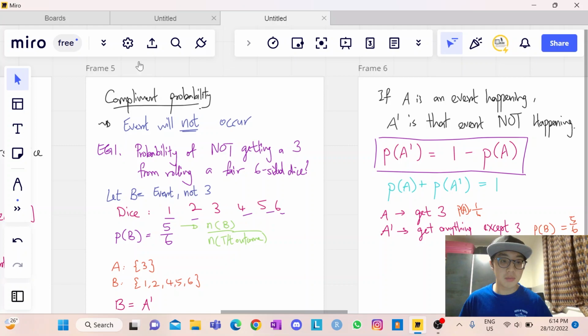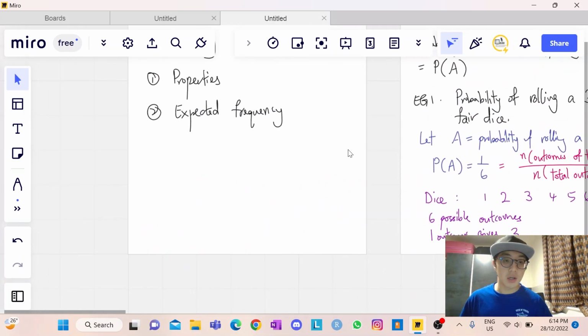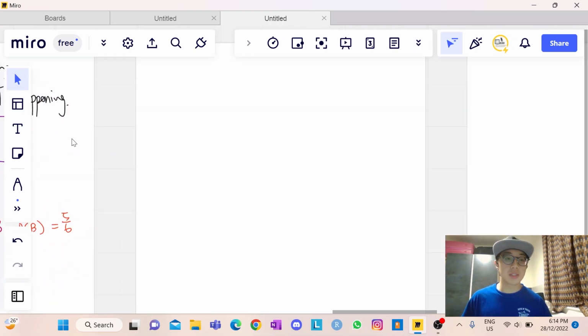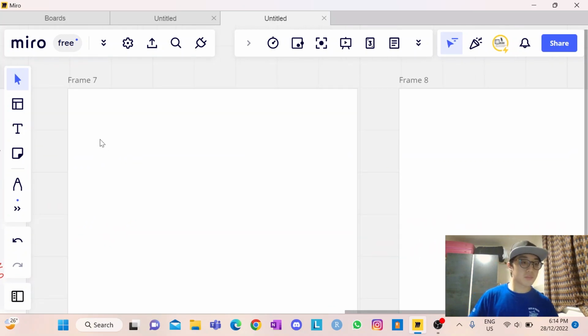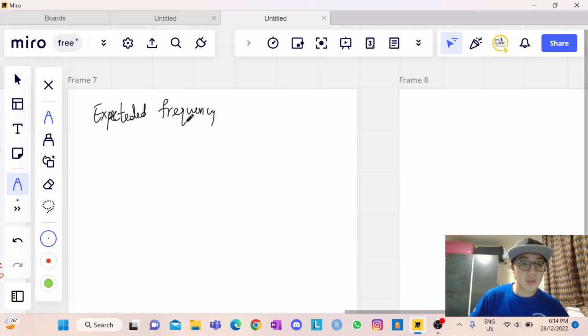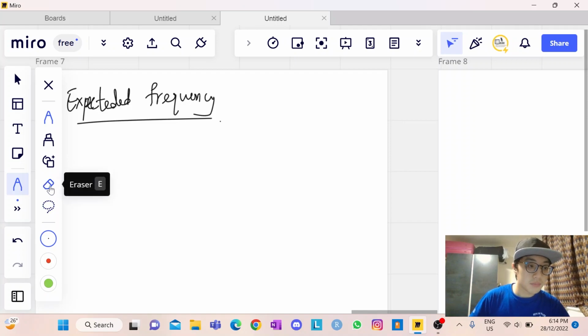All right, complement probability. So next, we are going to go on to expected frequency. Let's write down the formula first.